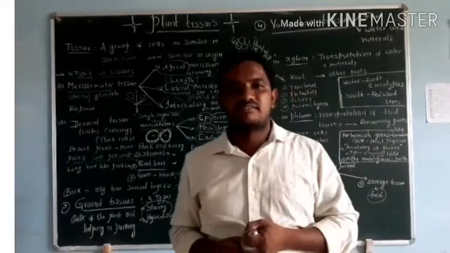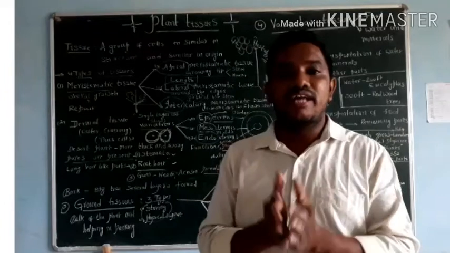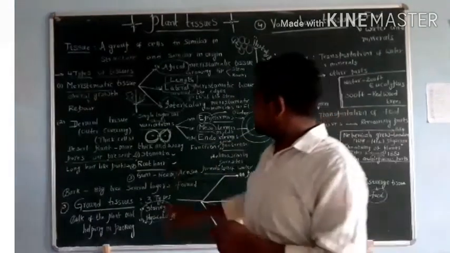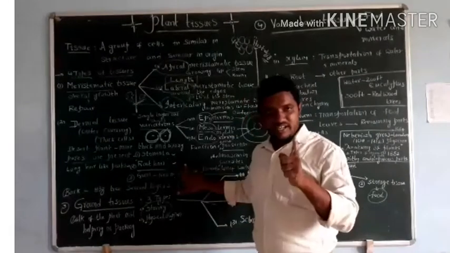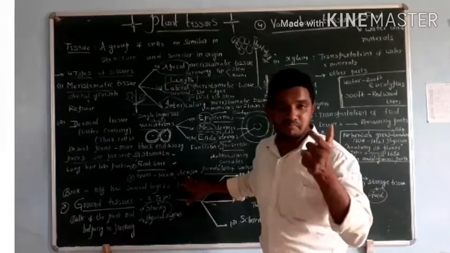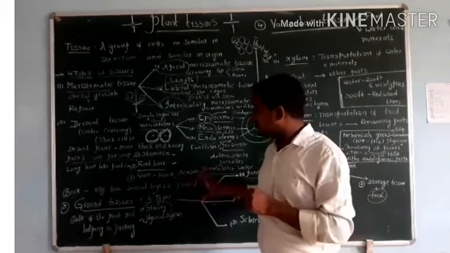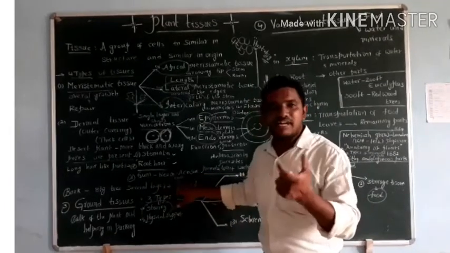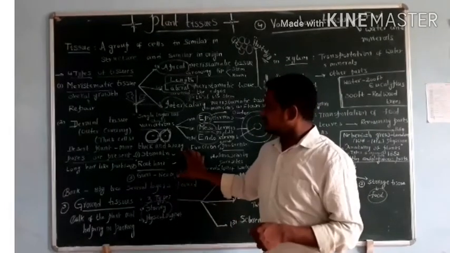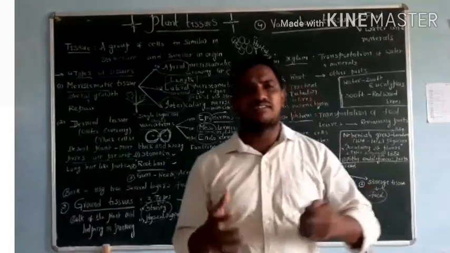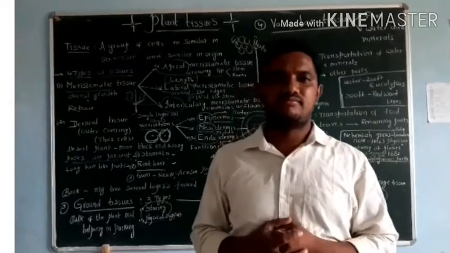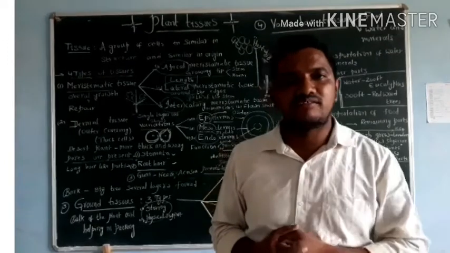In plants, what dermal tissues are present? Stomata are dermal tissues, root hairs are dermal tissues, and gum is also dermal tissue, present in neem and acacia plants. First of all, stomata. What are stomata? Do you know stomata?